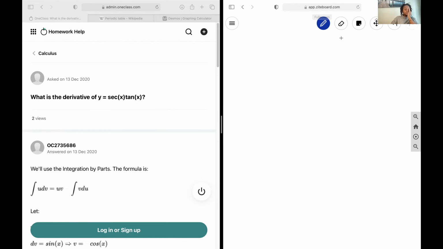Next up, we're looking for the derivative of secant x tan x.